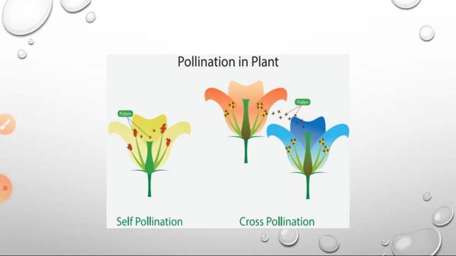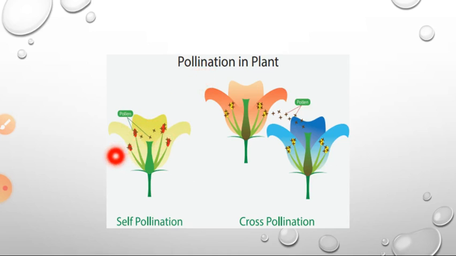Now you can ask me, suppose there is a different flower and a different variety, what will happen? There is no pollination process, so we call them non-pollinated flowers. So the process by which pollen grains reach the stigma is known as pollination.